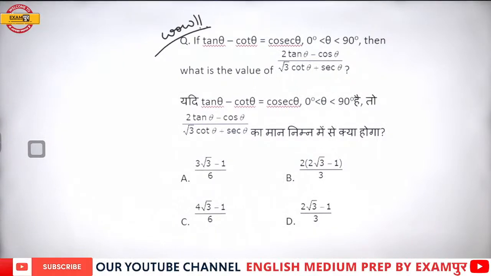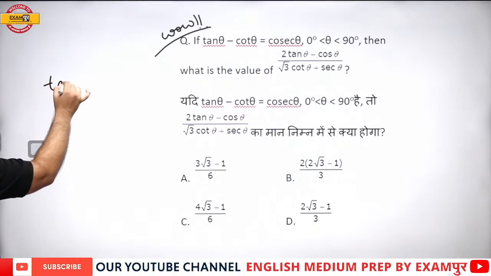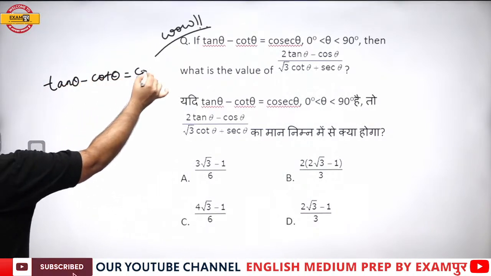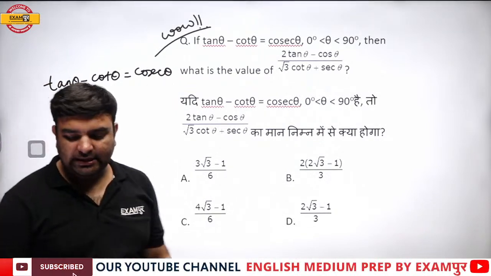Tan theta minus cot theta is equal to cosec theta. A lot of such questions are coming these days, guys, based on this.